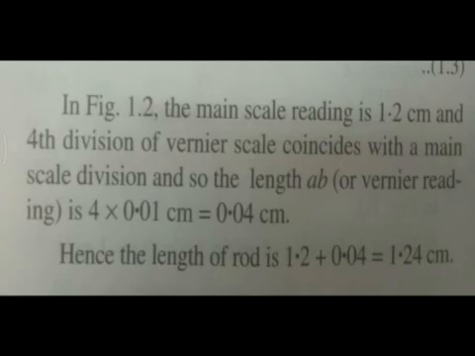So the value is 1.24. That means with the help of the vernier scale, what do we get? We get the second decimal place. The first decimal place we get with the main scale itself, but the second decimal place we calculate with the vernier scale, right?